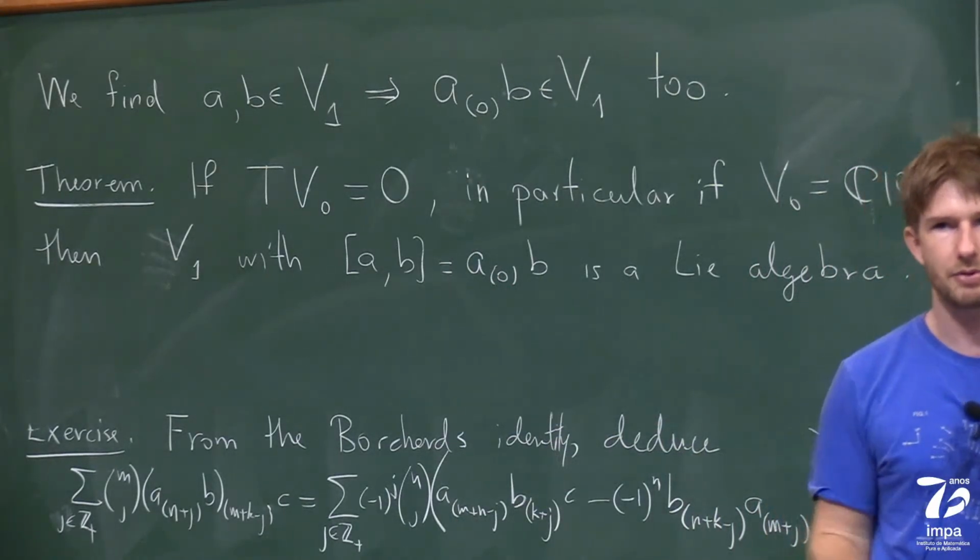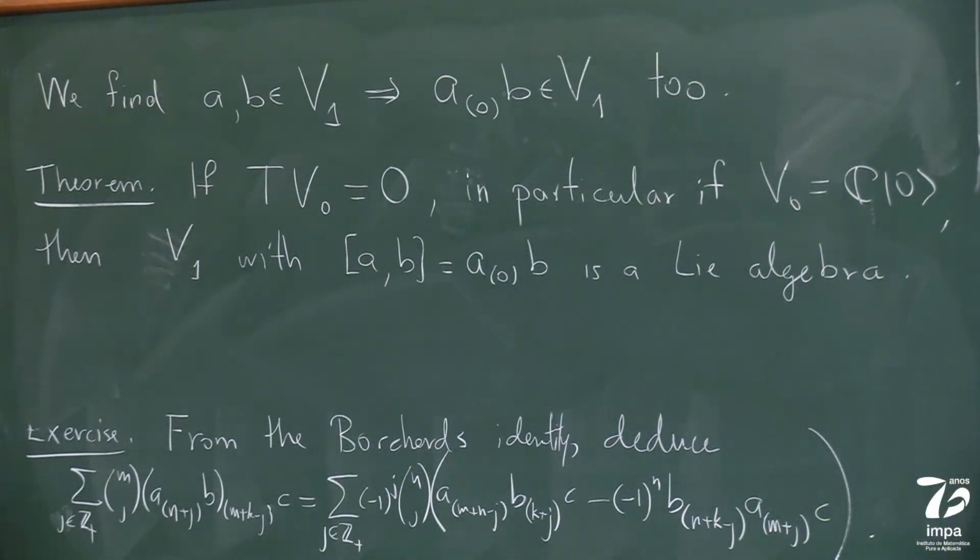So we have this way of associating a Lie algebra to a vertex algebra. In general, in fact, all you have to do is quotient V1 by T of V0, and the result will be a Lie algebra. So let me quickly indicate how to prove it.